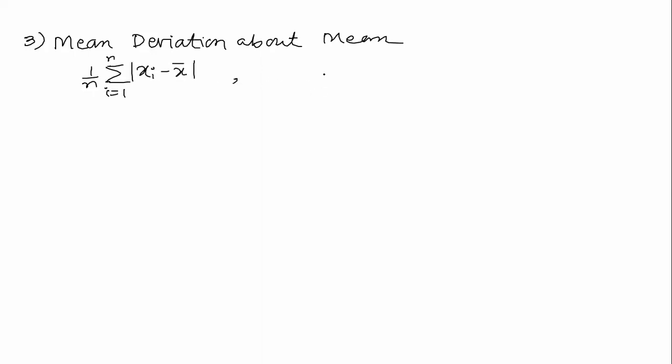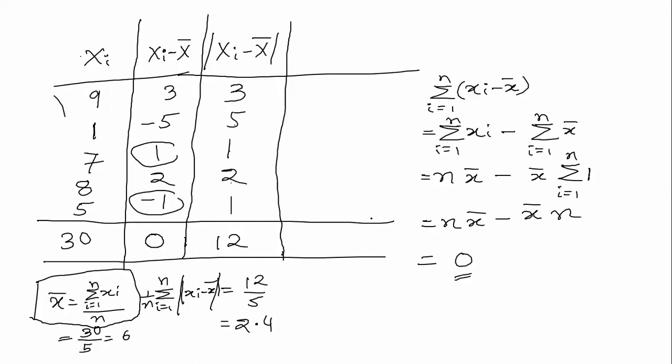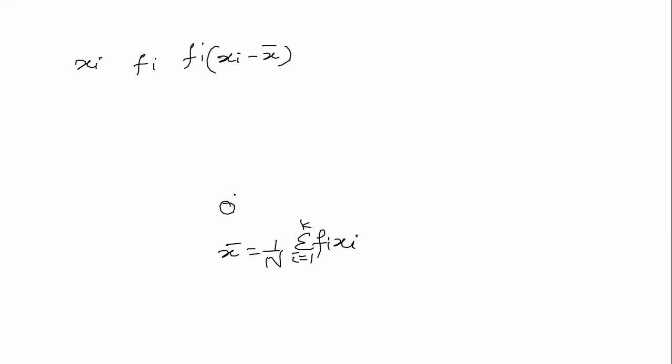And for group data, the formula will be, now you can understand that if there is some group data as xi, then fi, we have to find x bar as 1 upon n summation of fi into xi, i running from 1 to k. The next column has to be xi minus x bar, but that has to be multiplied with fi.